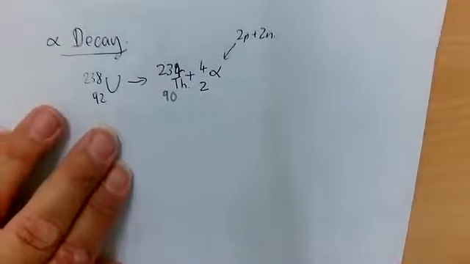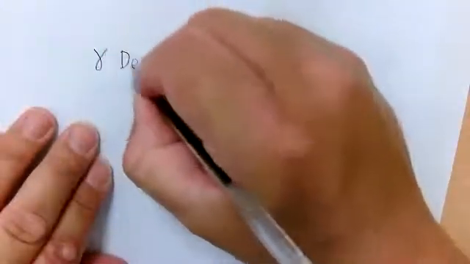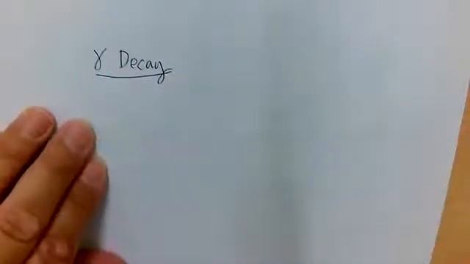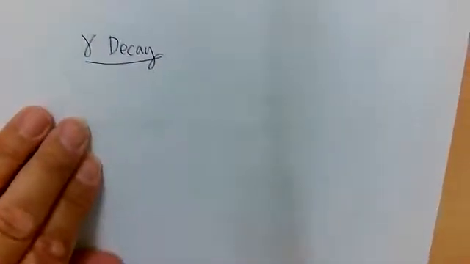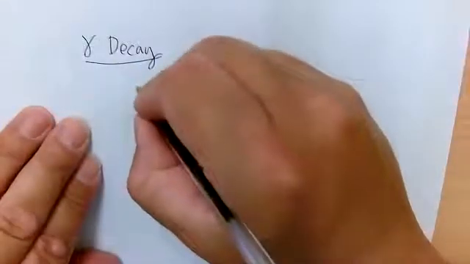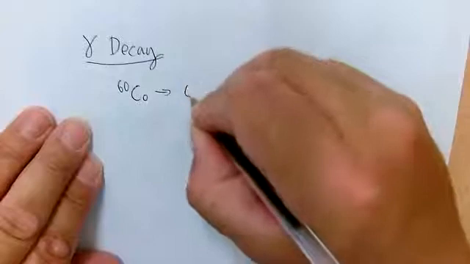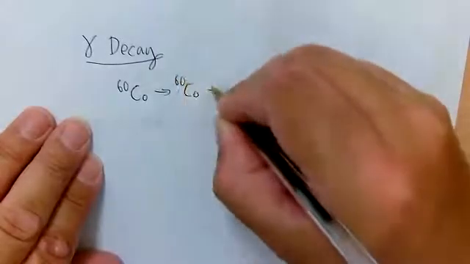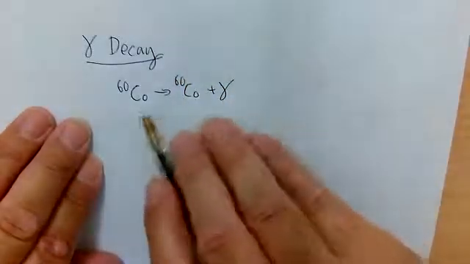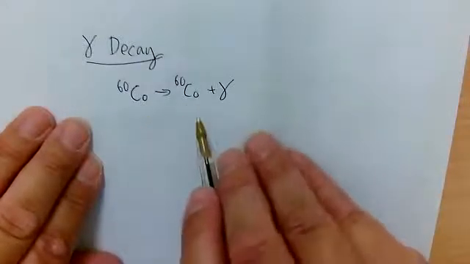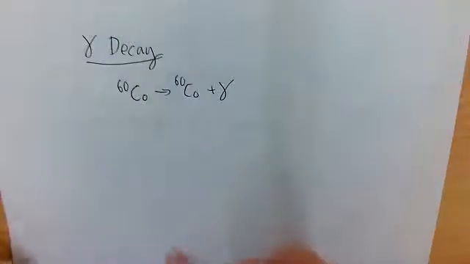Okay. And then we have gamma decay. Gamma is basically a photon. It's a particle. It's a little packet of energy, a particle of light. And an example of that might be, say, cobalt 60, which will become still cobalt 60, but the nucleus is set up to have a little bit of energy in it, and all that happens is the particles inside that nucleus kind of drop down to a less energetic sort of configuration.